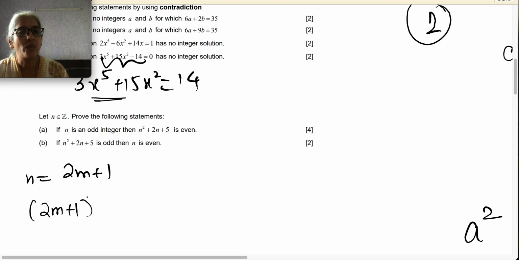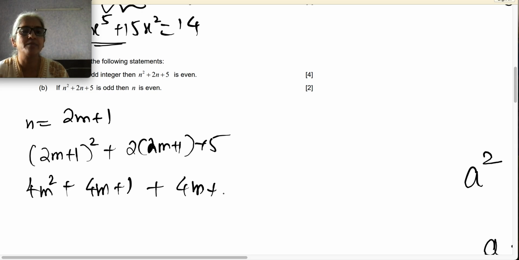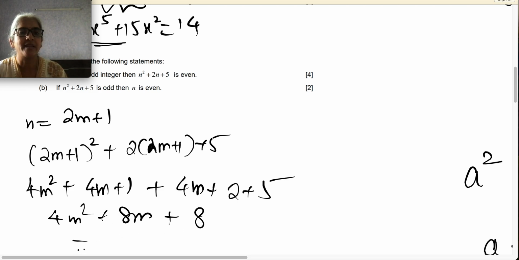So n square plus 2n plus 5, let's expand this. So I get 4m square plus 4m plus 1 plus 4m plus 2 plus 5. So 4m square plus 8m plus 8. I can take 2 common and I get 2 times 2m square plus 4m plus 4, which means it's an even number.